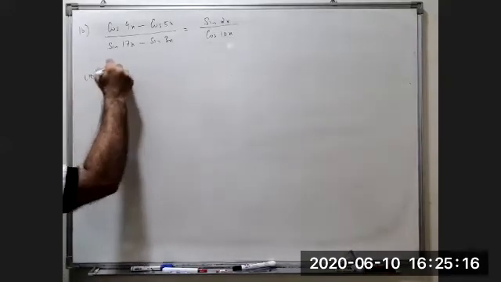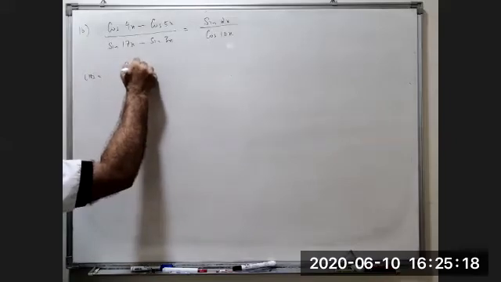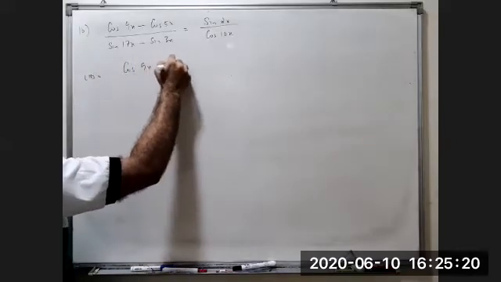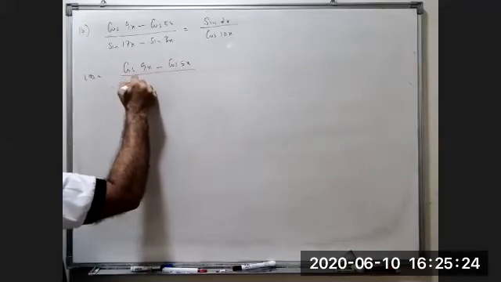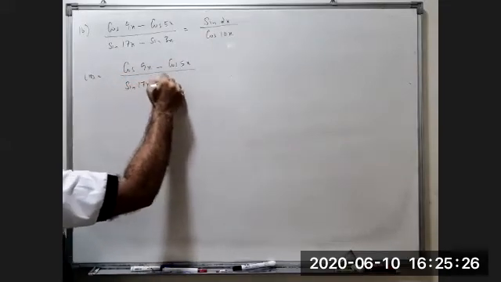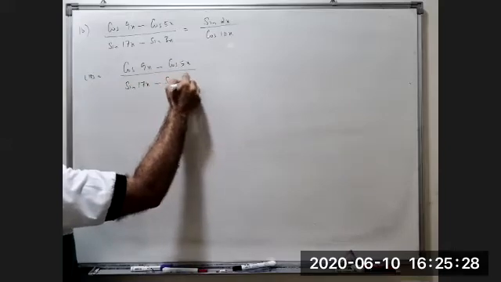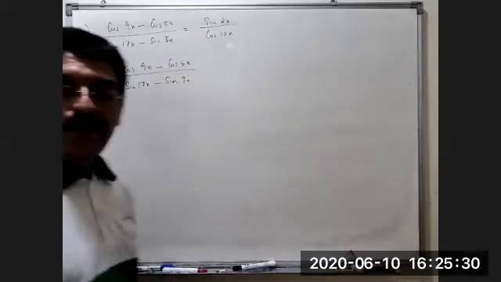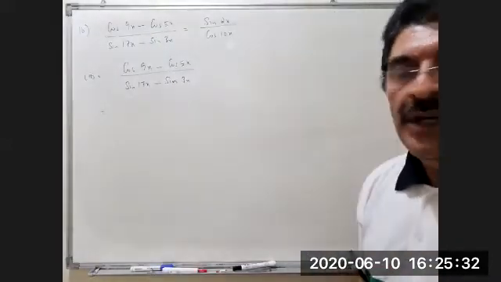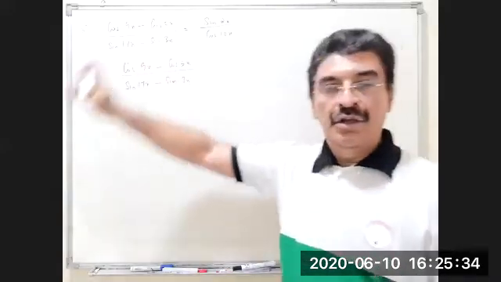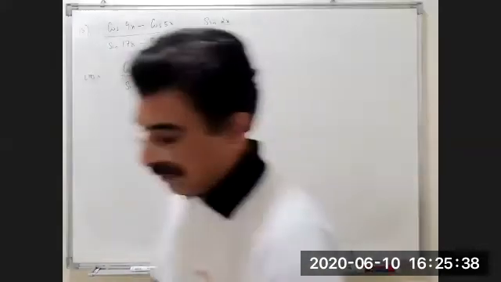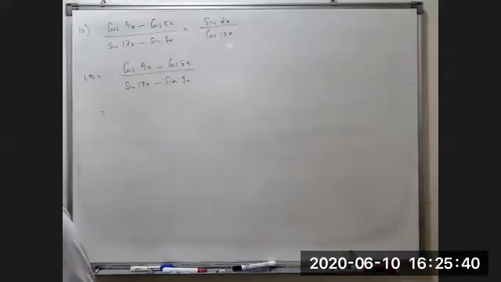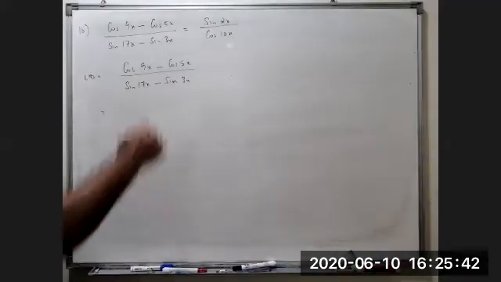Taking LHS: cos 9x minus cos 5x by sin 17x minus sin 3x. Very easy to make it out.